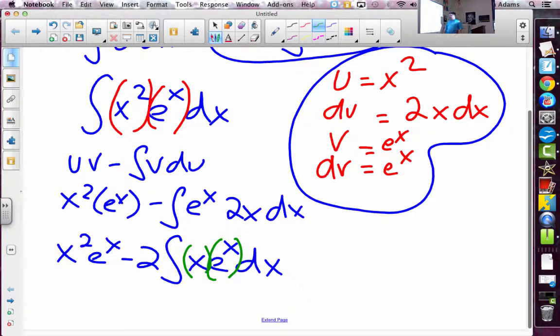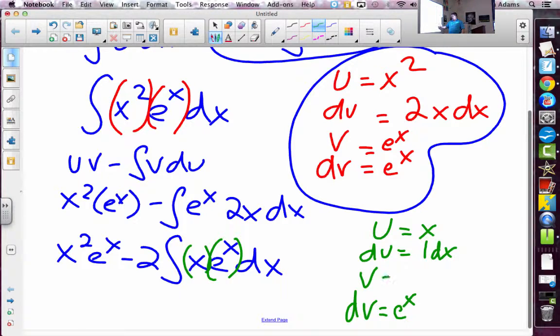So I'm still going to use the uv technique. So in other words, to take the antiderivative of this, I'm going to let u be x. Then du would just be 1 dx. I'm going to let dv equal e to the x, and then again, v will be e to the x.